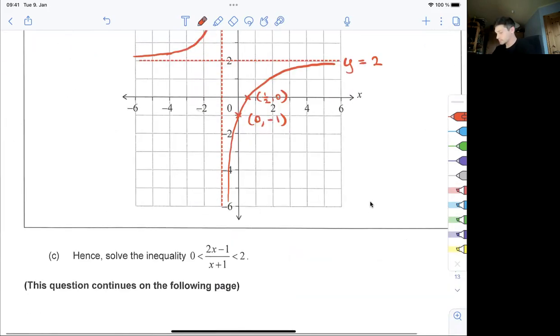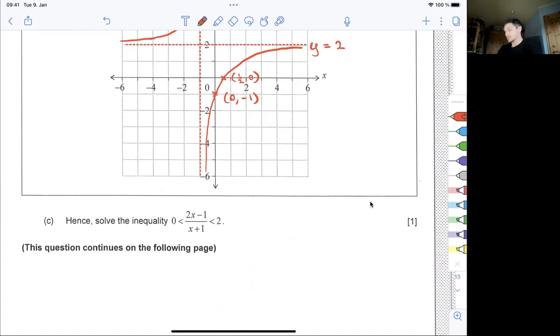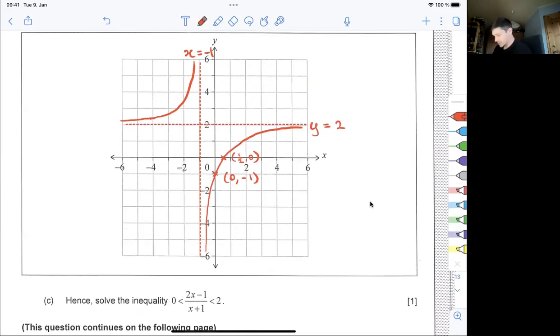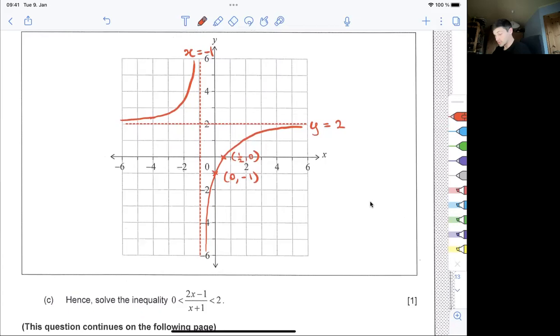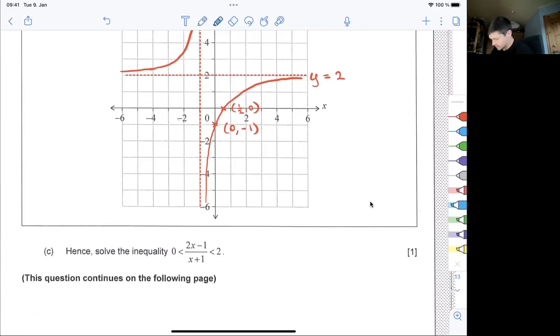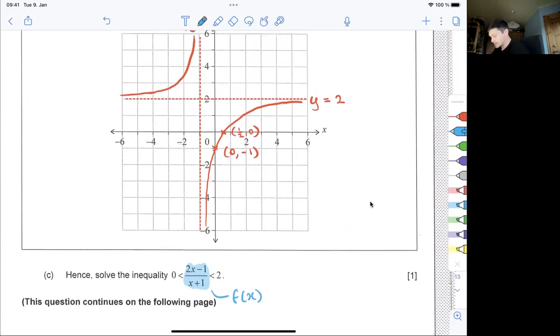Okay, let's move on. Part C asks, hence solve the inequality: 0 is less than (2x minus 1) over (x plus 1), which is less than 2. If we look at our graph here, we need to find when our function f(x), because this expression here is just f(x), is between 0 and 2.